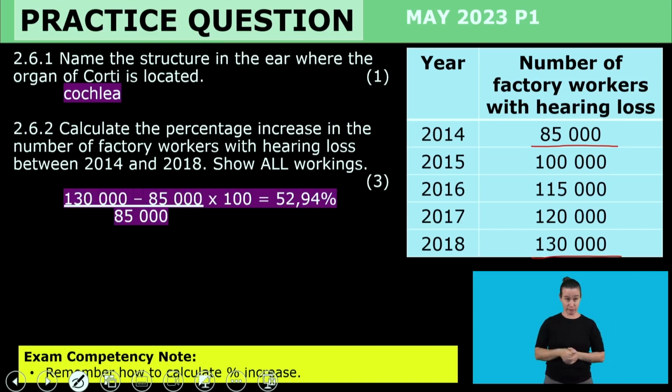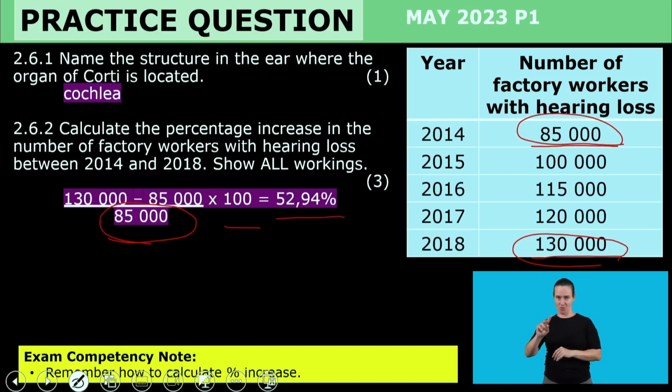You are going to say 130,000, which is 2018, minus 85,000, which is 2014, the initial number, divided by 85,000. 85,000 is the initial one for 2014, and multiplied by 100, which is going to give us 52.94%. The reason why we are multiplying by 100 is because we are looking at the percentage.